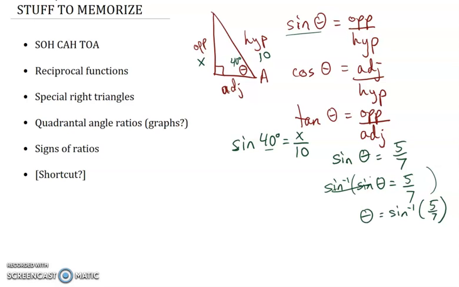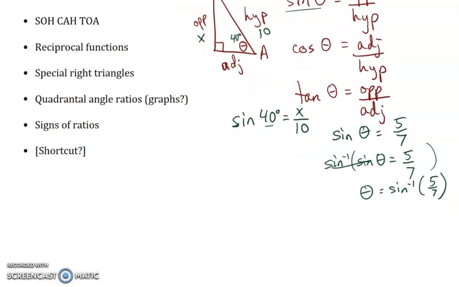Okay, reciprocal functions. We know that secant is the reciprocal of cosine. I'm just going to use a theta here. Secant of theta is 1 over cosine of theta.